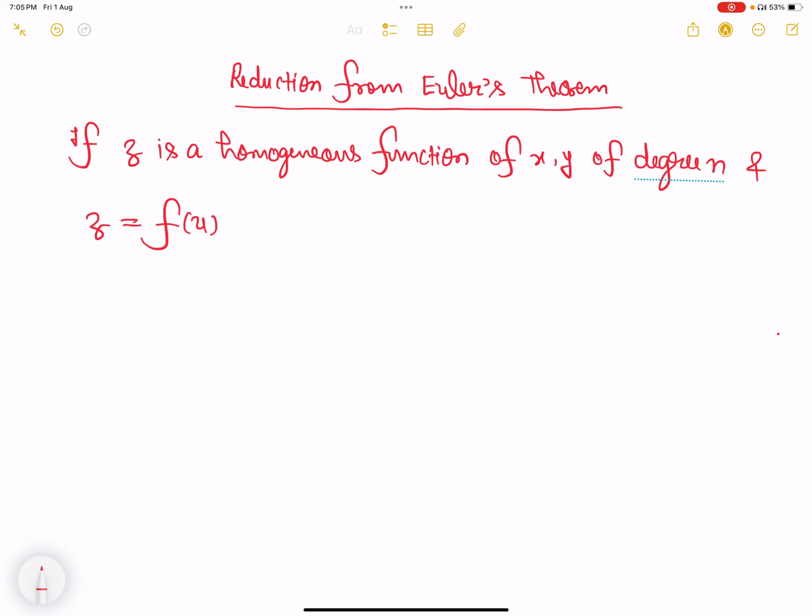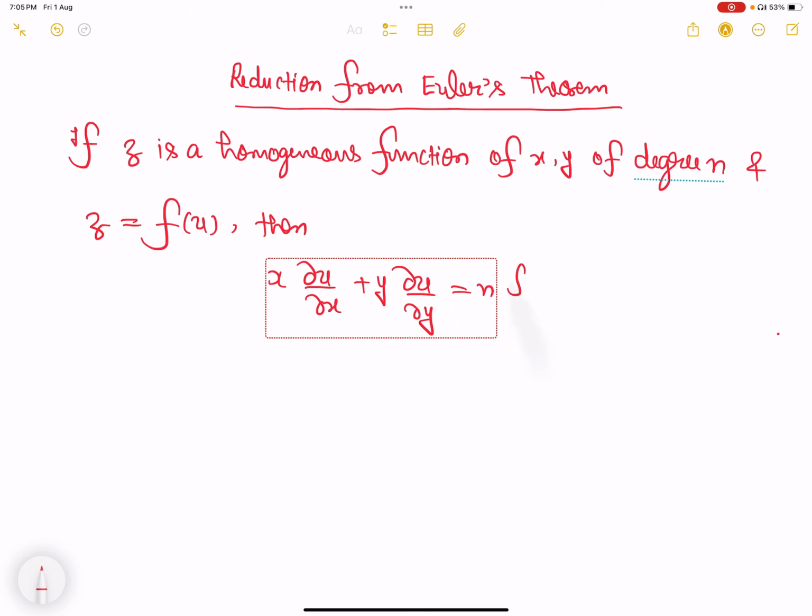Then what happens? x del u upon del x plus y del u upon del y is equal to n times f(u) upon f dash u. This happens, okay? So let's prove it.